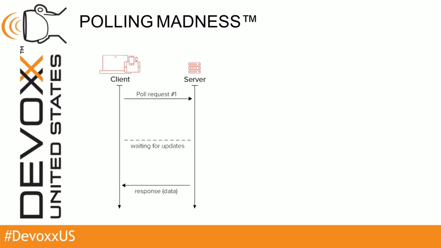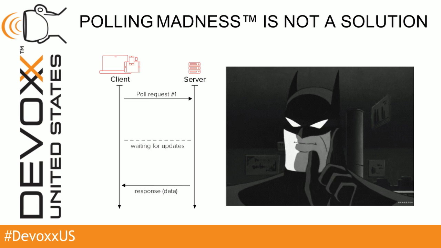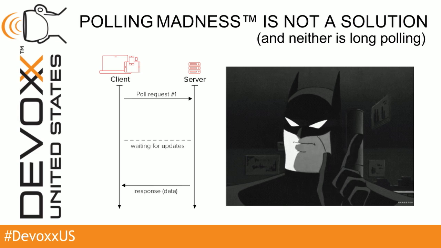If the connection is dropped for any reason, how are you going to retrieve the information you've been missing during this time? And most important, as an API provider, how are you going to deal with all those polls? I mean, if your application becomes very popular and you get thousands of devices making polling or long polling requests, how are you going to deal with that? So polling is not a solution, long polling neither, and we should stop using them.